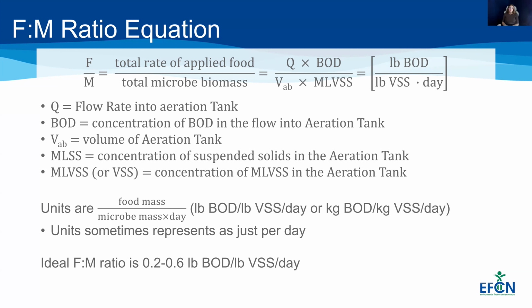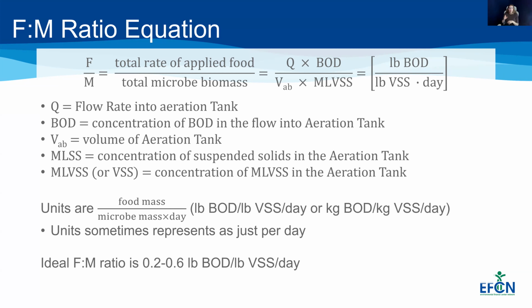Now, to expand on these, our Q represents our flow rate. Our BOD is going to be the concentration of our biochemical oxygen demand, and this specifically is going to be for the BOD of the flow into the aeration tank. Our volume we will represent as our V, and this is the volume of that aeration reactor.